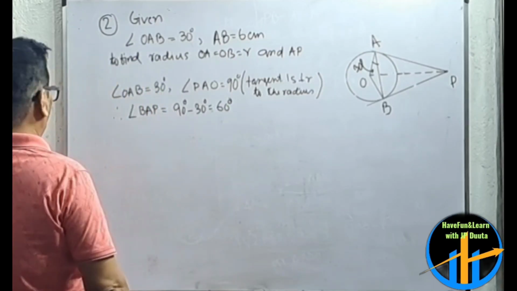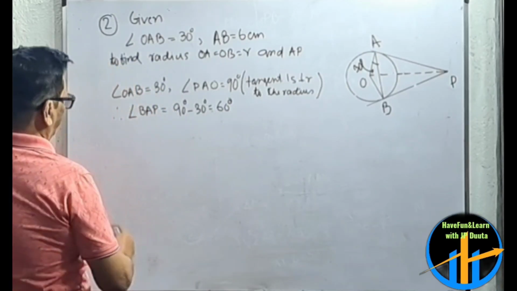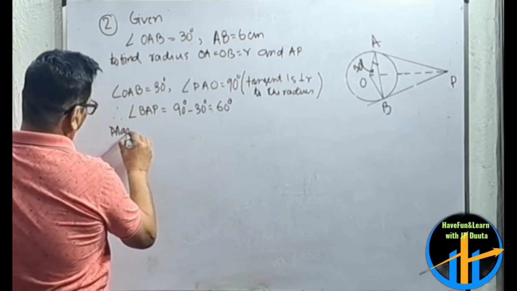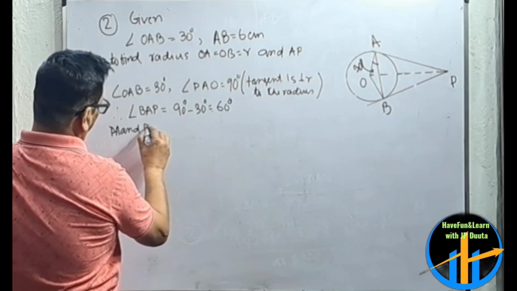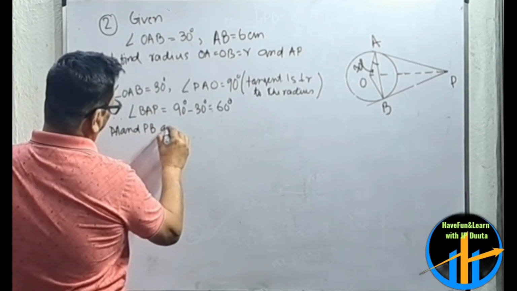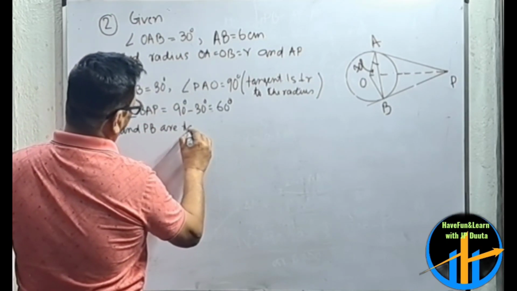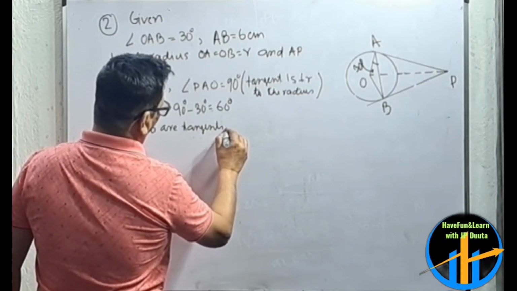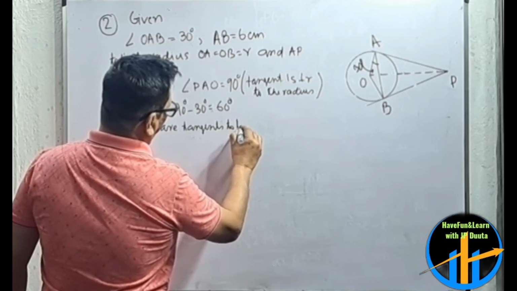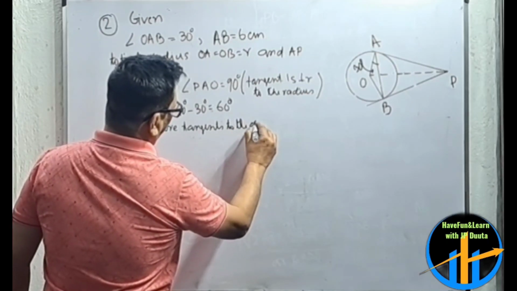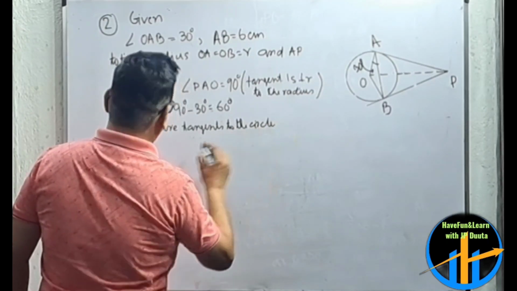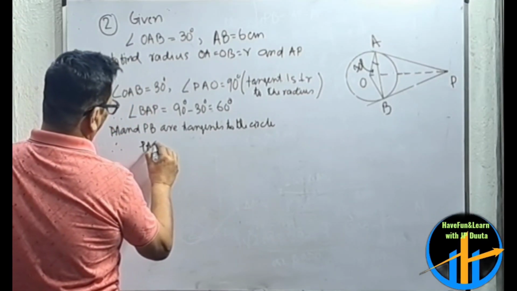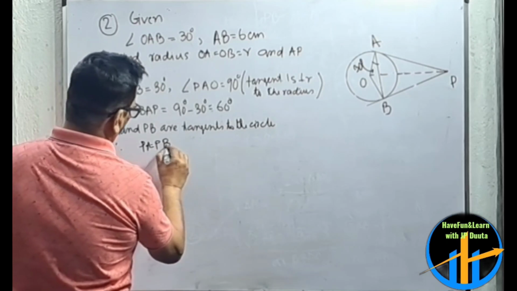Okay? Now, PA and PB are tangents to the circle. Therefore, PA is equal to PB.